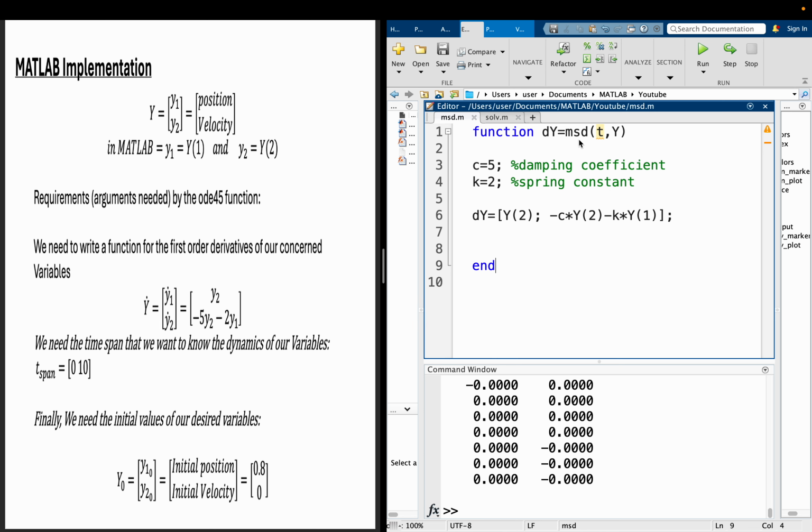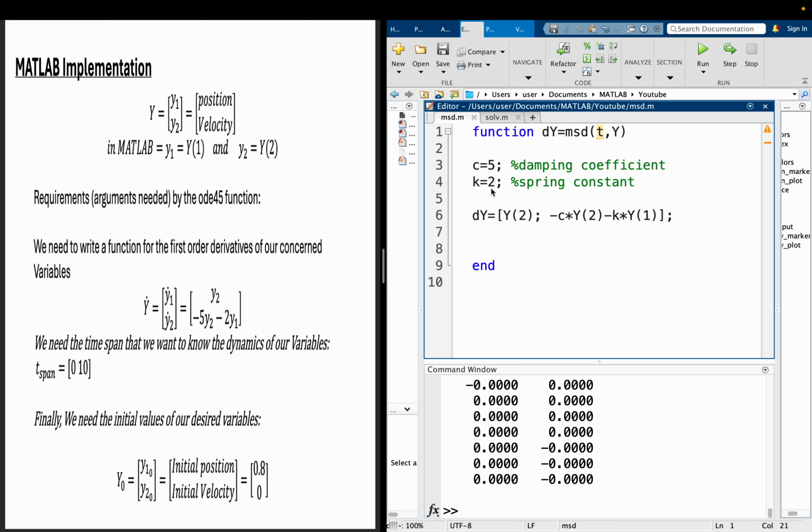I define a function known as MSD, which is an abbreviation for mass spring damper, and it has as input the time, which is the independent variable, and my y vector, which contains the position and velocity, and the output of this function is the derivative of the vector. So here are my system parameters.